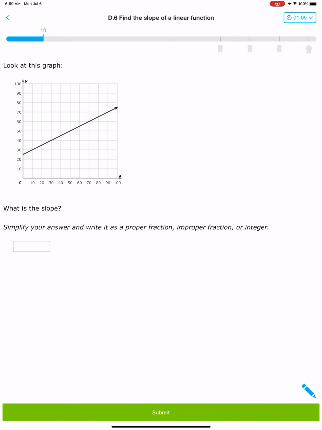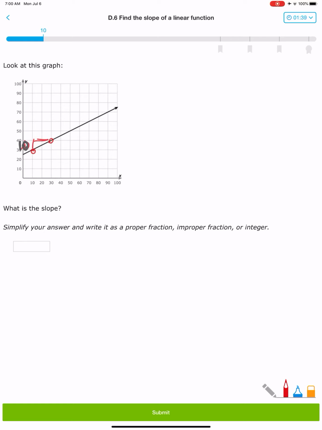Okay? And this one, we start right here. You see, this is a perfect point right here, and this is also a perfect point. So how many did I rise? From 30 to 40 is 10. We got 10 right here. Let me rewrite that. We got 10 right here, and then we ran from 10 to 30.